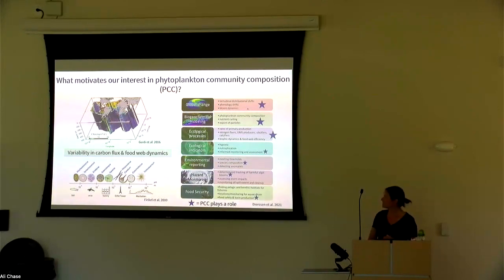So variability in particle carbon flux, so particles sinking, different size particles obviously sinking differently or aggregating differently and then sinking. Food web dynamics, different phytoplankton are supporting higher trophic levels differently. And then this on the right is an overview of topics that could potentially be addressed using hyperspectral remote sensing in a review by Dierssen et al. And I just added blue stars to highlight where phytoplankton community composition plays a role.